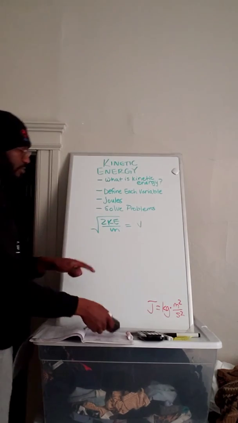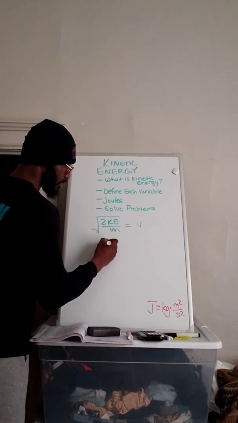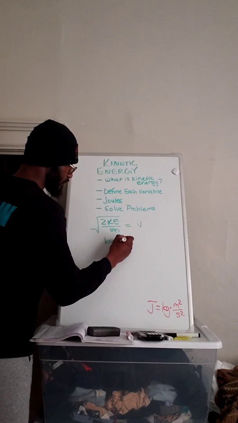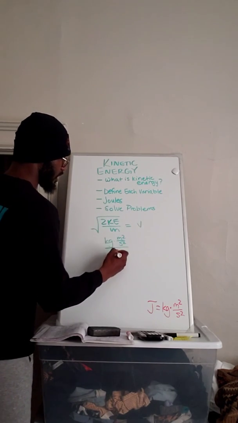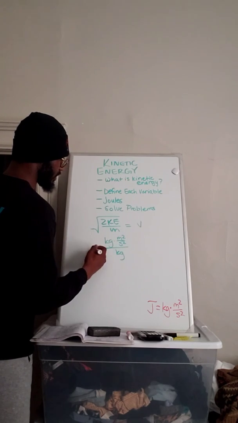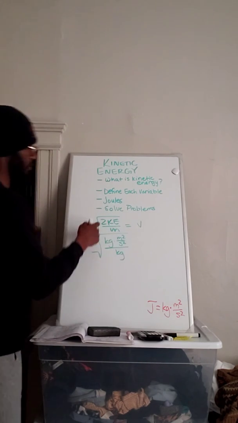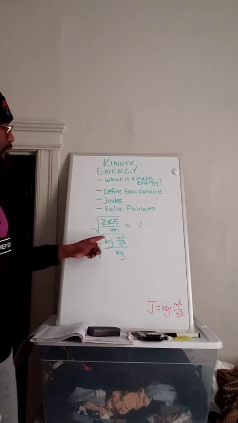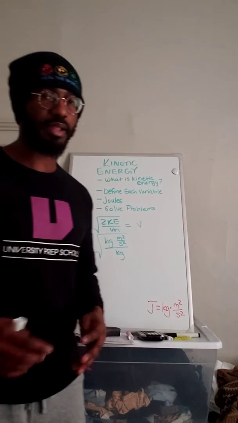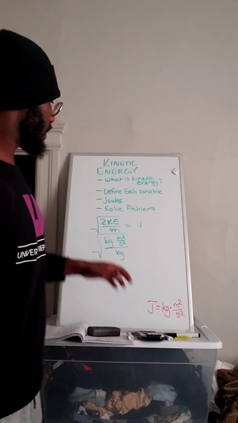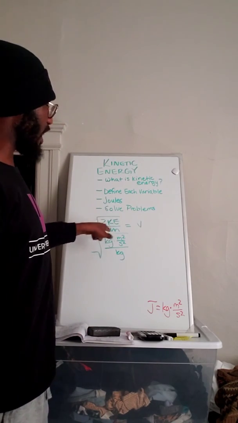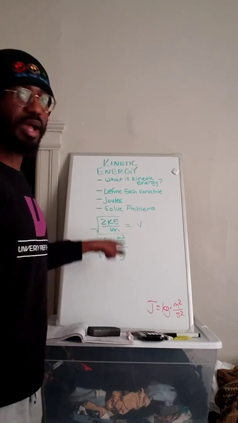So if I substitute in my units, I get kilograms times meters squared over seconds squared up top. And then mass is in kilograms down low. All right. Now, the reason I don't write the 2 is because I'm just dealing with unit analysis right now. 2 has no units. All right. So I would do all of my number stuff and then all of my unit stuff.